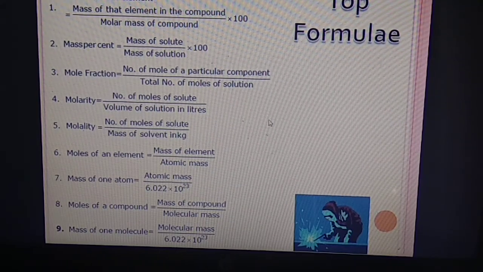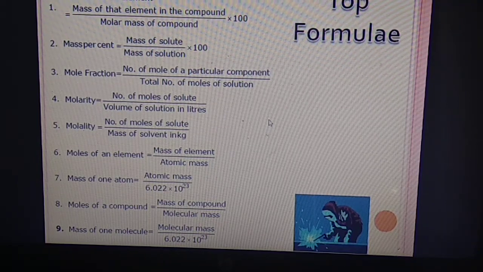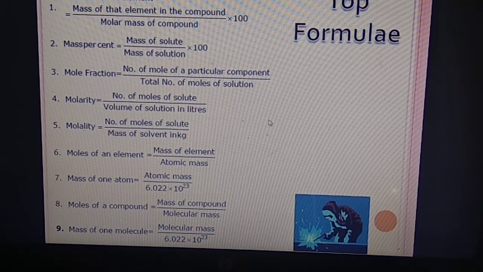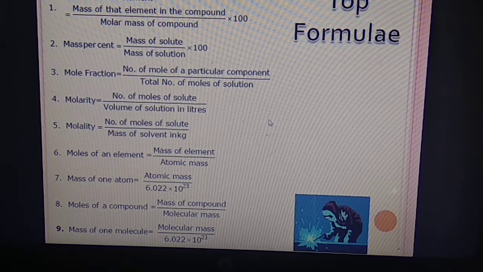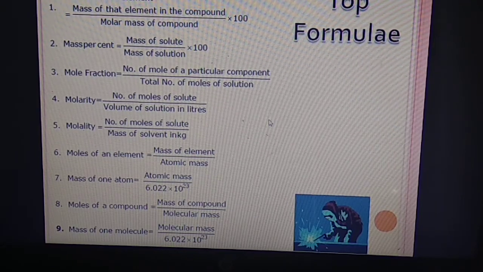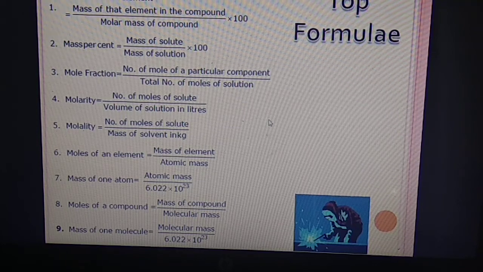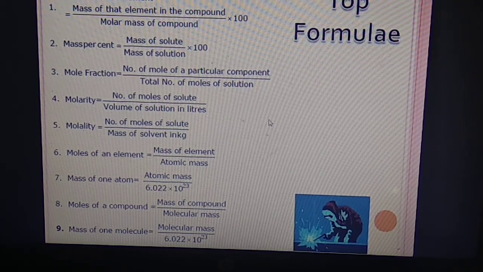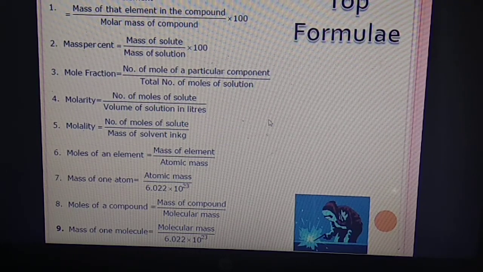Students, one question I am asking you: what is a mole? Mole is the Avogadro's number of particles. Another definition of mole, I told you: mole equals given mass divided by molar mass. Mole equals number of particles divided by Avogadro's number of particles.